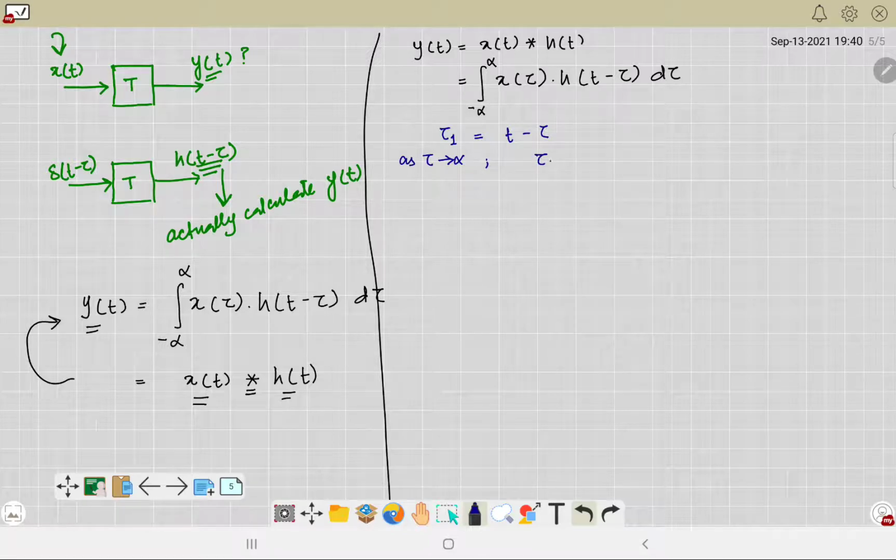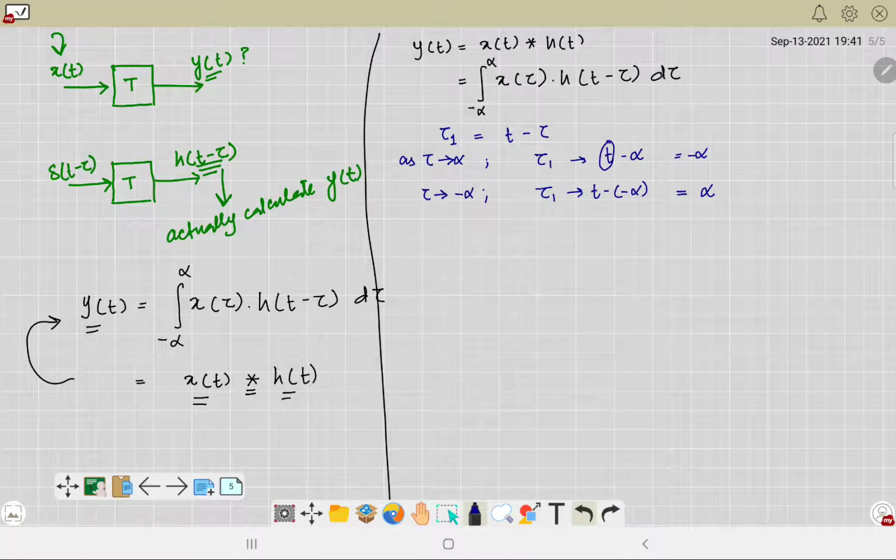So tau 1 will tend to t minus infinity, which is minus infinity, because if you subtract infinity from some finite quantity, it will be minus infinity. And as tau tends to minus infinity, tau 1 tends to t minus minus infinity, that is t plus infinity, so that is infinity.